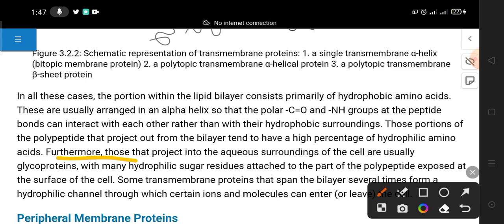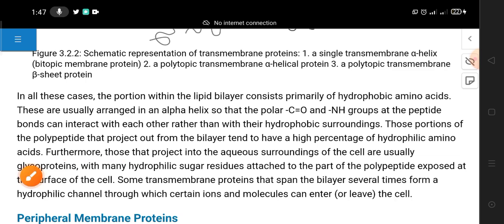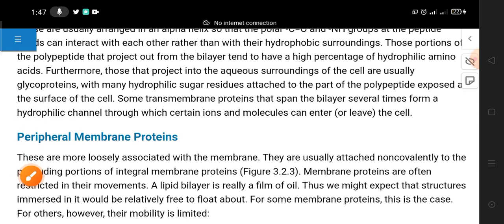Some transmembrane proteins that span a bilayer several times form a hydrophilic channel through which certain ions and molecules can enter the cell.